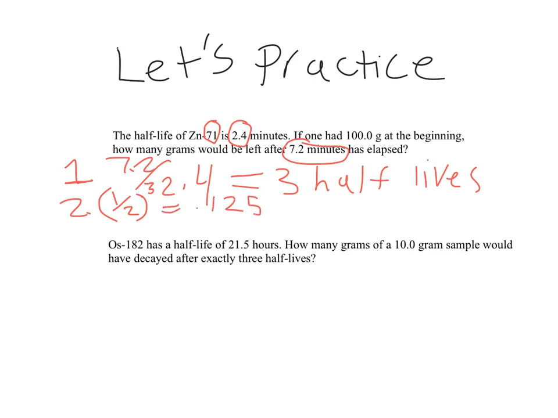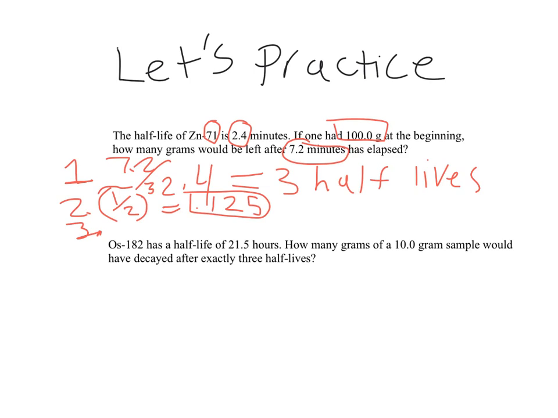Okay, and then the last step is we're going to take this fraction of how much is going to be left. So if one had 100 grams at the beginning, after 3 half-lives we figured out, we're going to have 0.125 of that left, right? Because it went through 3 half-lives. So this 100 grams has halved itself 3 times.